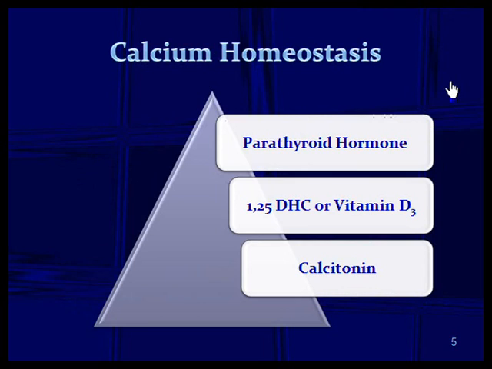Remember, calcium levels in the blood are maintained in a relatively very narrow range, and this is what is called the calcium homeostasis. Three important hormones play this role.